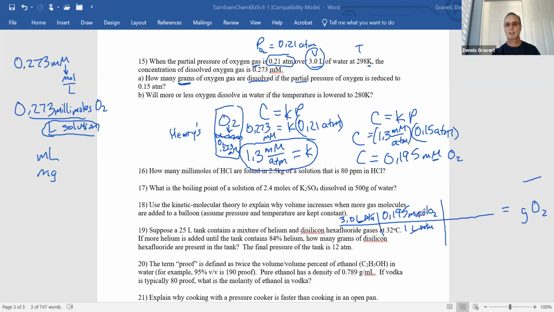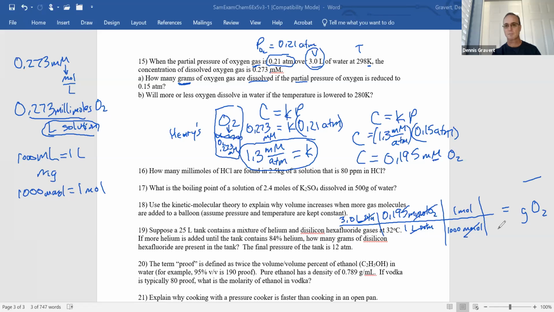And now we have to get out of millimoles. So there's 1,000 milli-anythings in a thing: 1,000 milliliters in a liter, so there's 1,000 millimoles in 1 mole. So the millimoles cancel out.